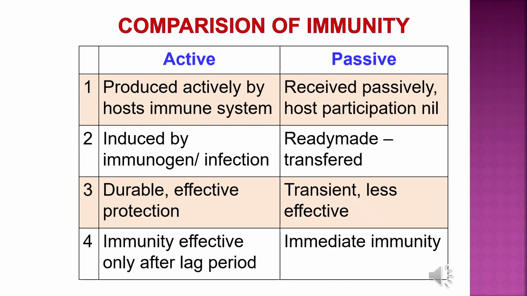In passive immunity, it is received passively, so host participation is not required. It is transferred in ready-made form. It is transient and less effective, and immunity is immediate; the lag period is not there because it is in ready-made form.